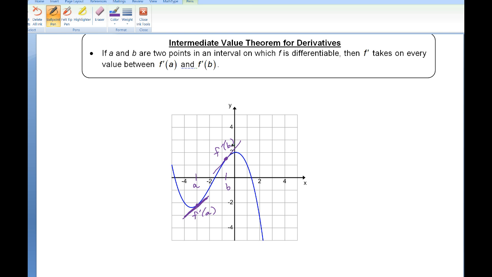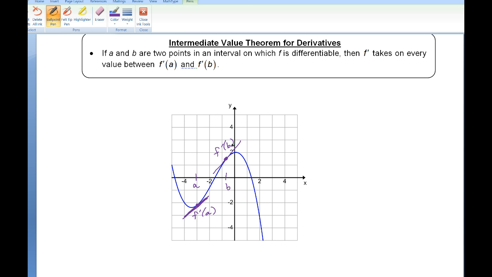Now, there's not that many differing slopes in between there, but you see how it's kind of getting steeper? So all values in between there have to exist. Basically, the slope can't automatically jump from here to here. It's got to gradually get to that slope. If it was a jump, then it wouldn't be differentiable.